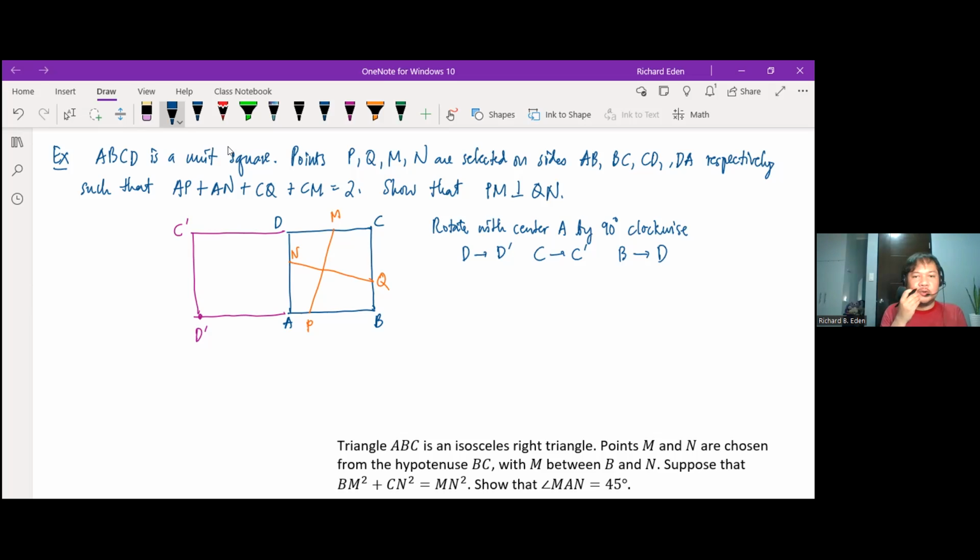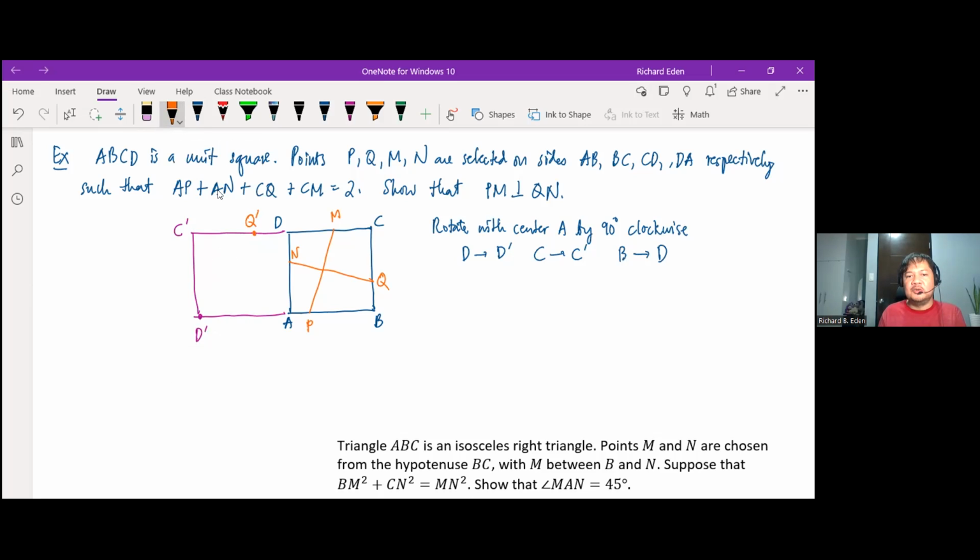Okay, so let's see. Here is where we're going to find Q prime. Since Q is close to B and B goes to D, Q prime should be near D. So this is Q prime.